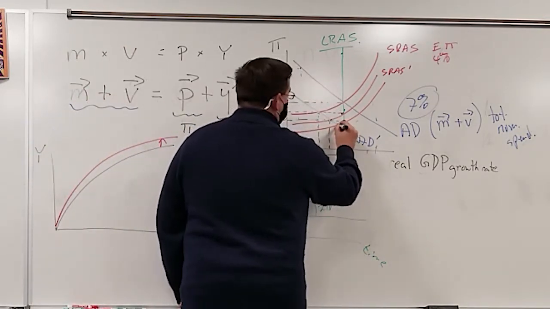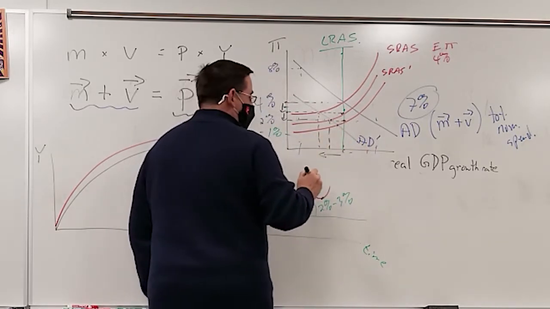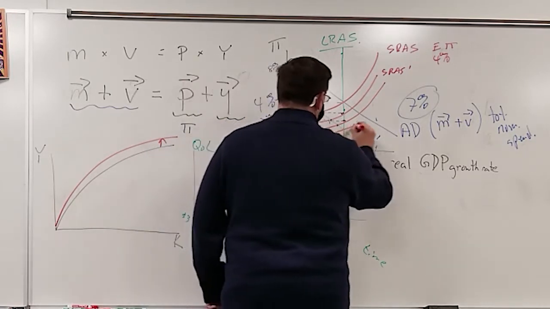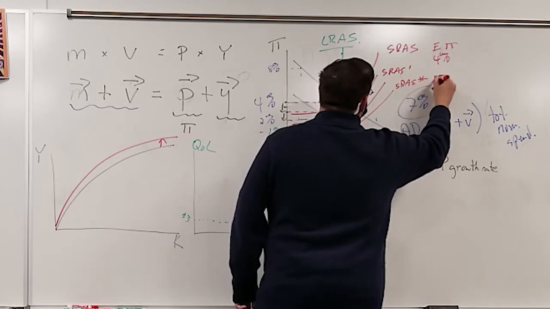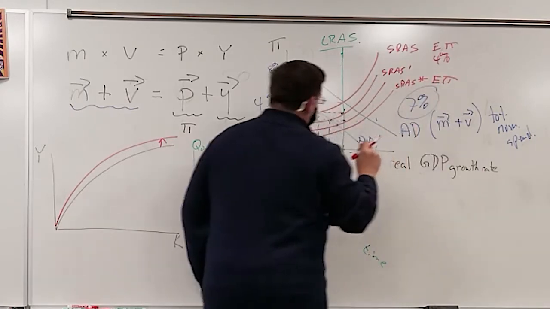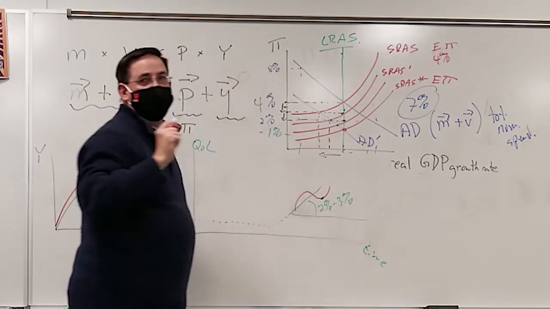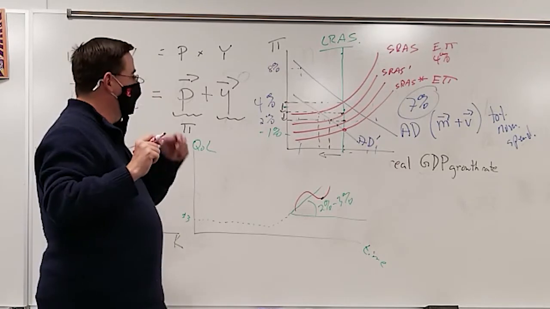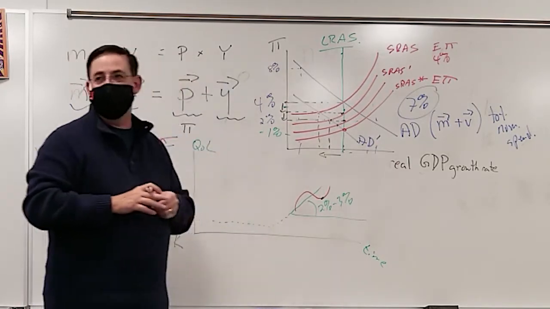We're still not completely back at full employment. And this happens over and over again until eventually we're on a new short-run aggregate supply curve with our level of expectation for inflation correct. And they sell everything that they bring to the market, and we're out of the recession, we're back at full employment.